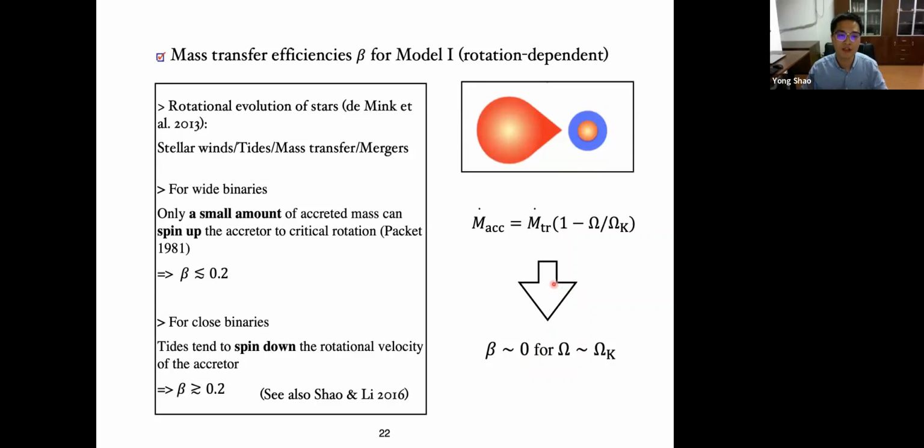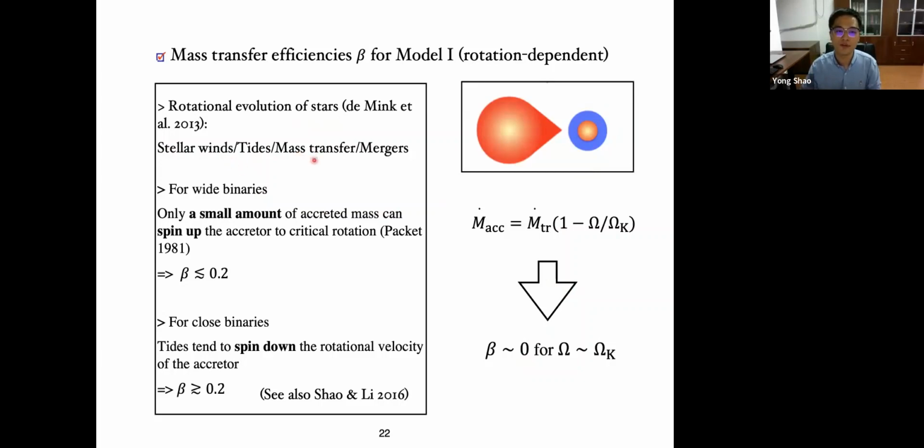In our calculations, we include four factors to control the rotational evolution of the accretors. They are stellar winds, tides, mass transfer, and mergers. Stellar winds always tend to spin down the rotation of the accretor.